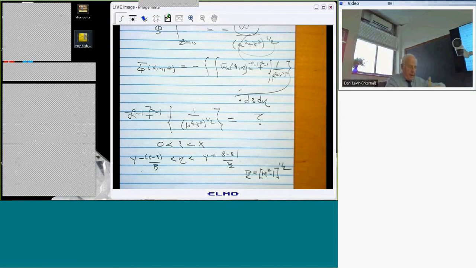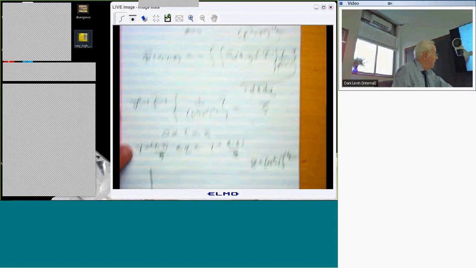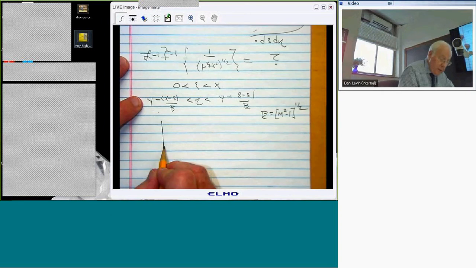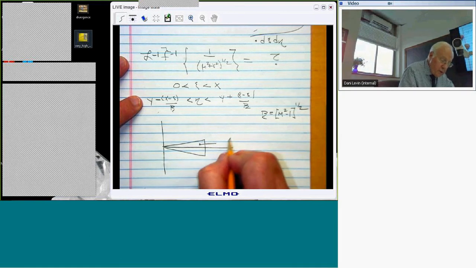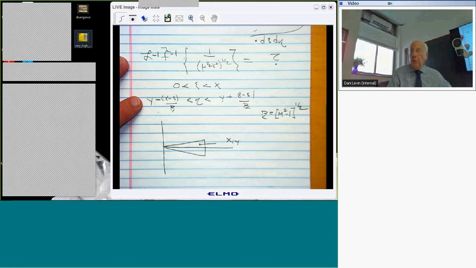Okay, so let me draw the picture again. I'm going to draw a delta wing. I could draw other kinds of wing, but I'll draw a delta wing. And I want to know the solution at this point, which I'll call x, y. Actually, I want to know the solution at all points x, y on the wing, but let's pick a typical point. We can get the solution at one point, and presumably we can get the solution at other points as well, right?